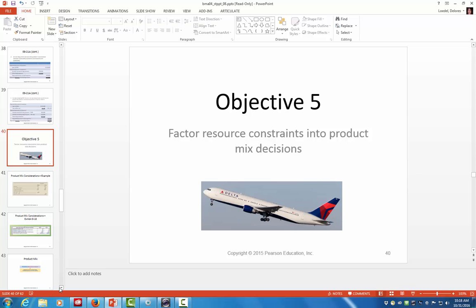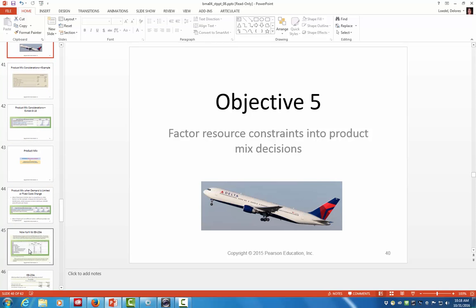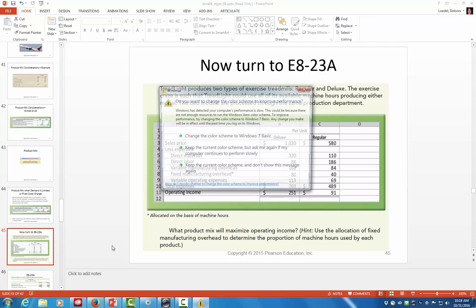And the problem that we're going to look at related to this is 8-23A. Again, of course, this is in your textbook. You can find 23A on page 484 in your textbook. So once again, this would be a good time for you to pause this video and take a look at all of the requirements.